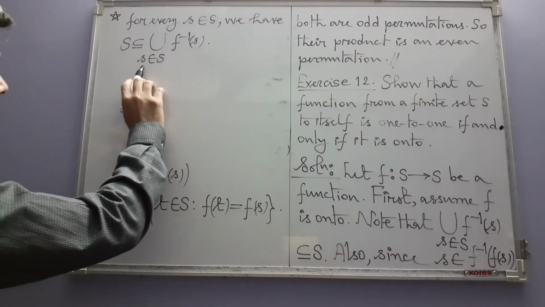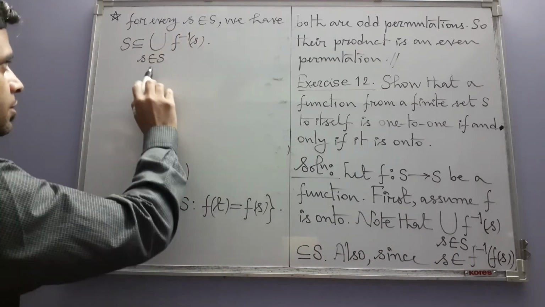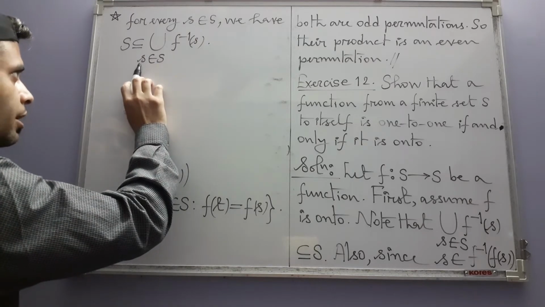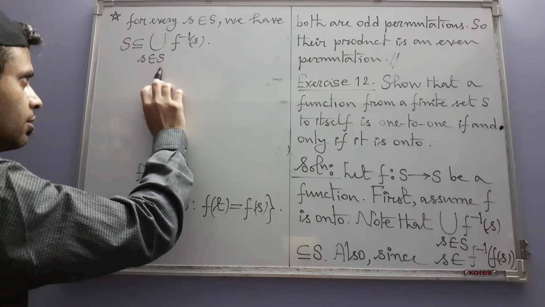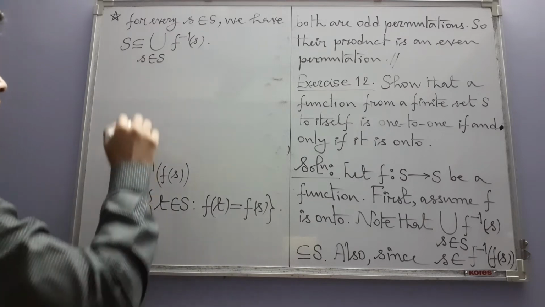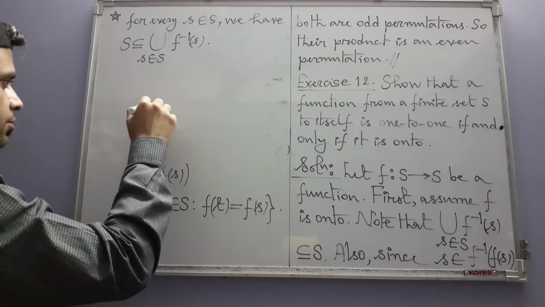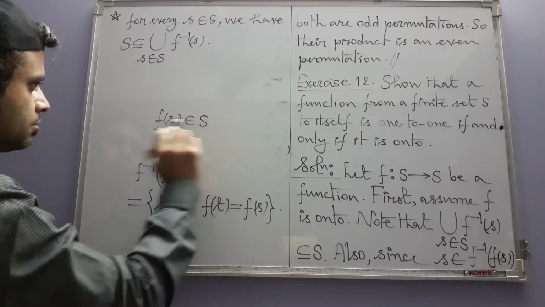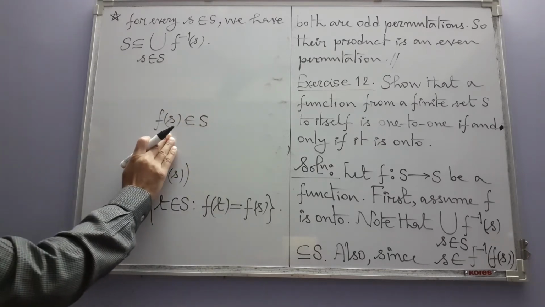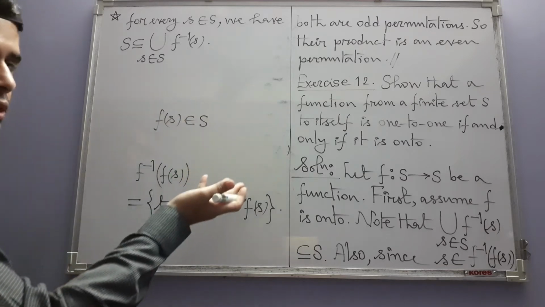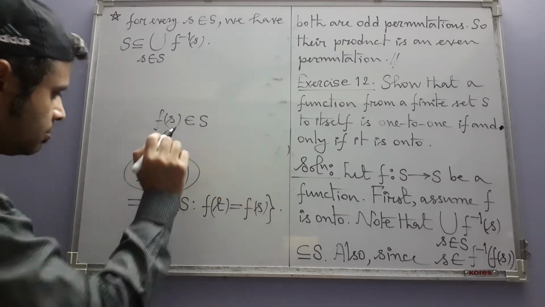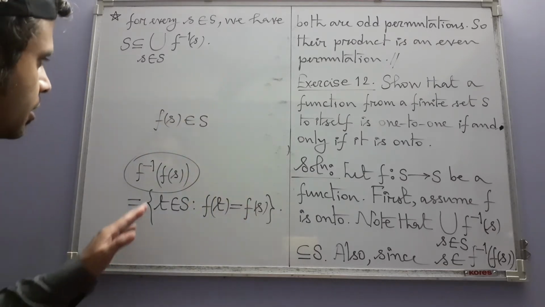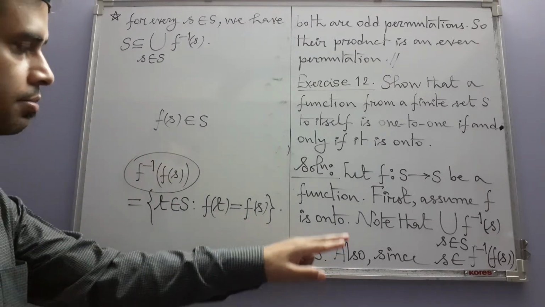Now if you look at this union, here small s is varying over all of capital S. So in place of small s, you can in fact think of this also. Corresponding to this, you will get its inverse image, which contains the element s.